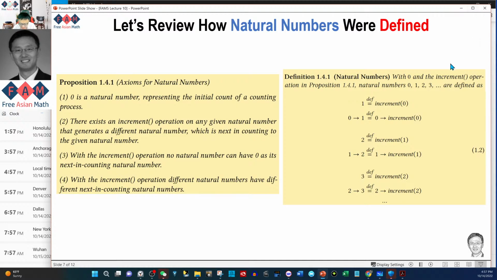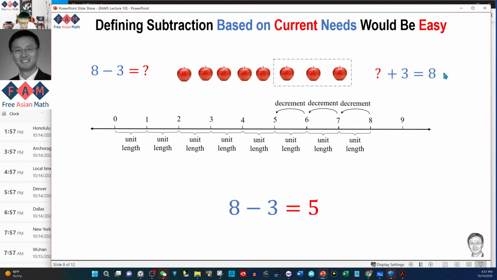And with that, we were able to define addition. Now, we will be free to reuse those definitions to define decrement and the subtraction operation over natural numbers. Okay? So now we are tasked with this question.